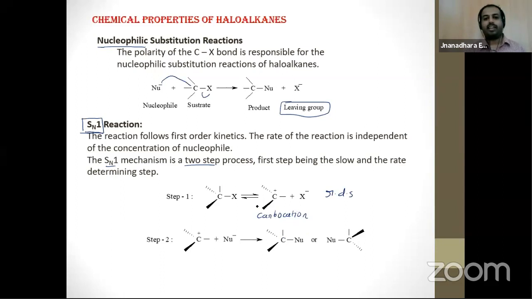Accordingly, the rate depends only on the concentration of the haloalkane: R is equal to K times the molar concentration of haloalkane alone. Later, the carbocation is attacked by the nucleophile in the second, fast step.